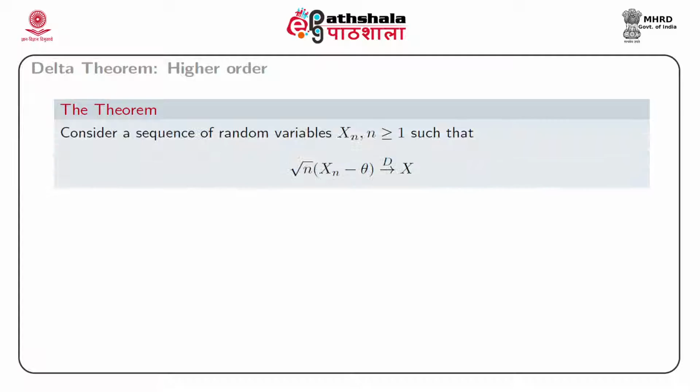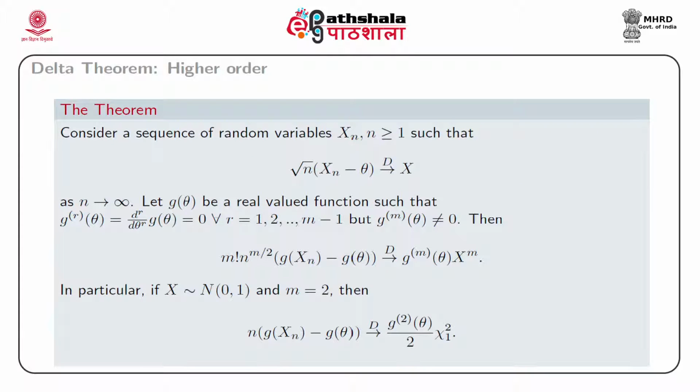So consider a sequence of random variables Xn such that √n(Xn − θ) converges in distribution to X. Let g be a real valued function such that the derivatives of g up to order m minus 1 are all 0 at θ, but the mth order derivative of g at θ is non-zero.